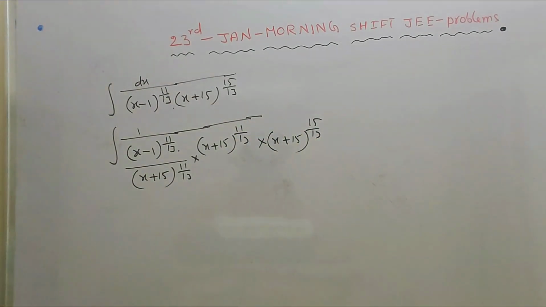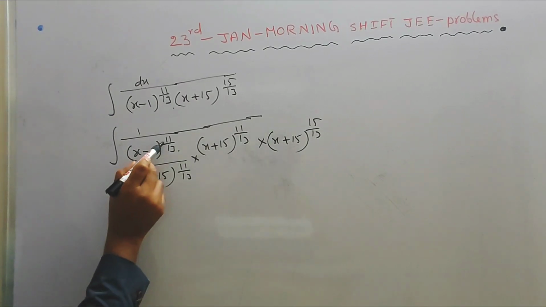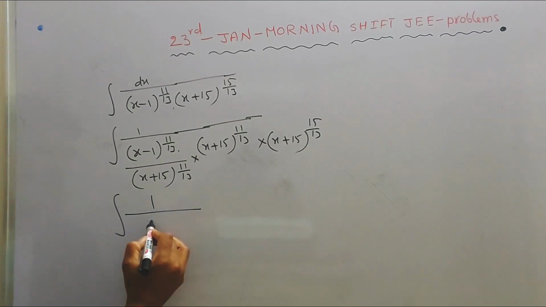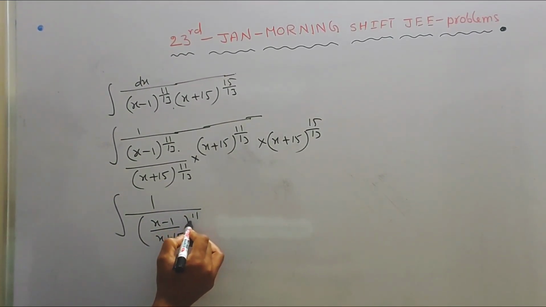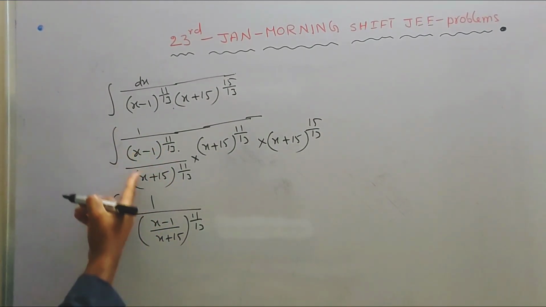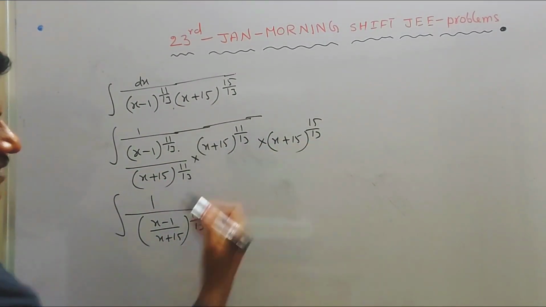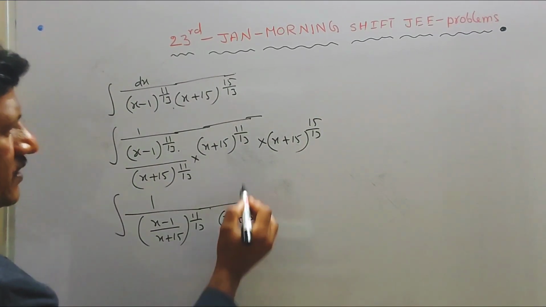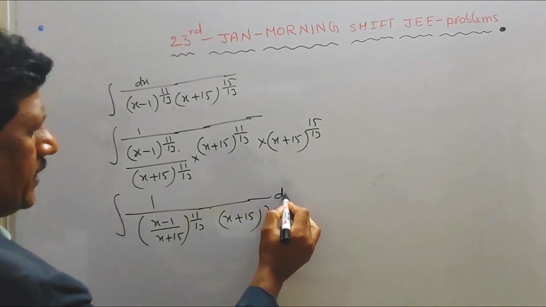Then this can be written as (x minus 1) by (x plus 15) whole to the power of 11 by 13. When both factors contain the same power, we can write a single power. Here the bases are equal at the powers, so this can be written as (x plus 15) at the power 11 plus 15, 26 by 13, which means 2 times will go, dx.